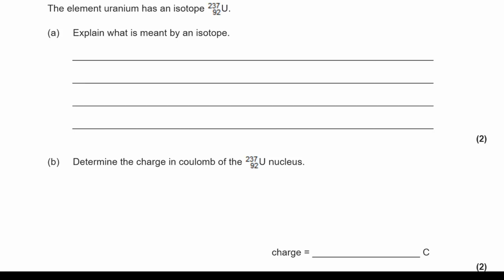Okay, let's try this one. The element uranium has an isotope this much. Okay, fine. What is meant by isotope? We know that by now. Just the same atomic number. Why do they have the same atomic number?